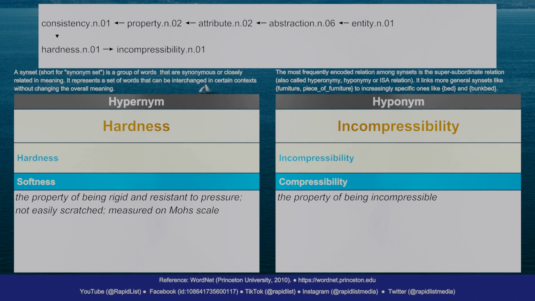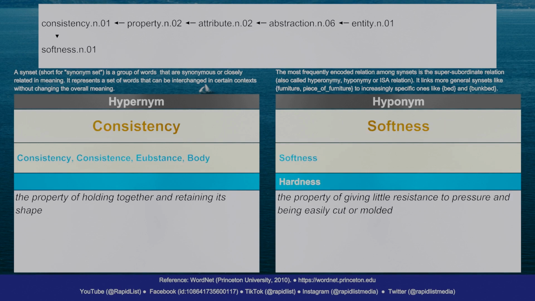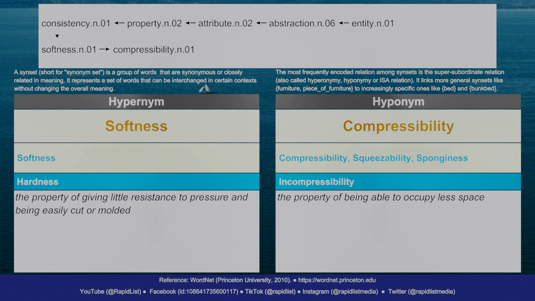The property of being incompressible. Softness. The property of giving little resistance to pressure and being easily cut or molded. Compressibility. The property of being able to occupy less space.